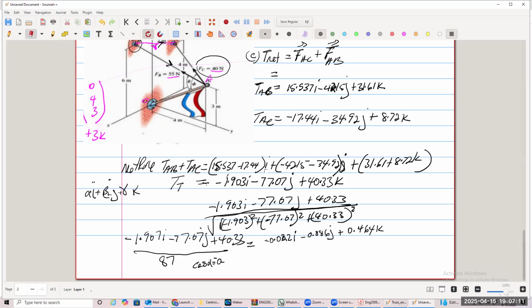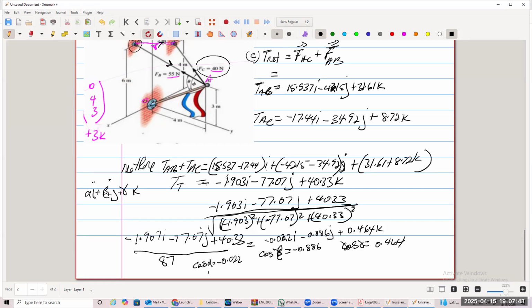All right, so your alpha is equal to the minus of 0.022. That represents the I, and then the other one would be cos beta for the J, equals minus 0.886, and then cos gamma is equal to 0.464.